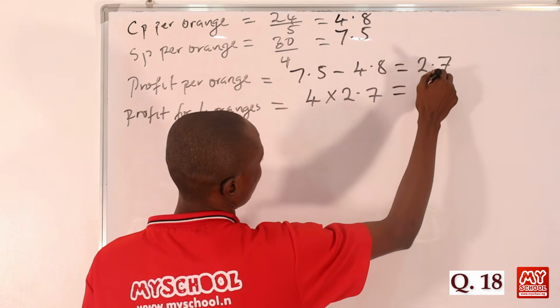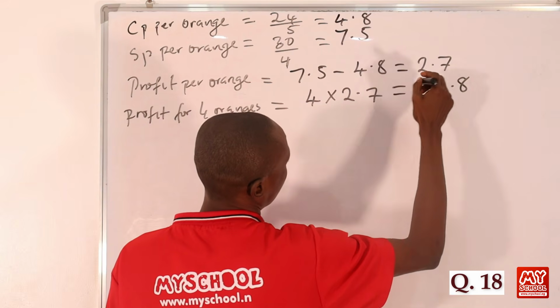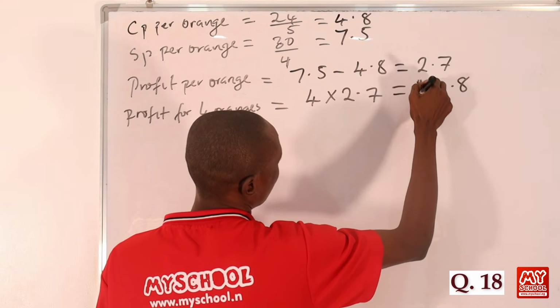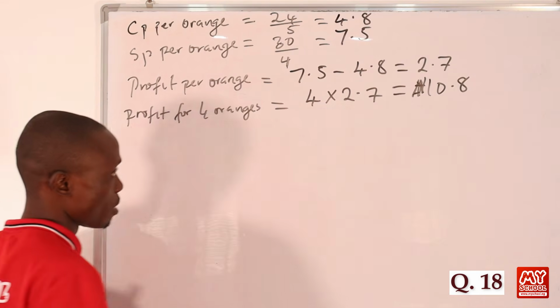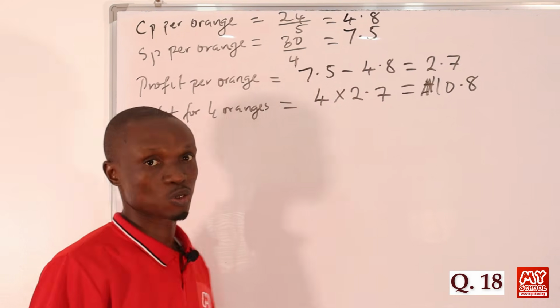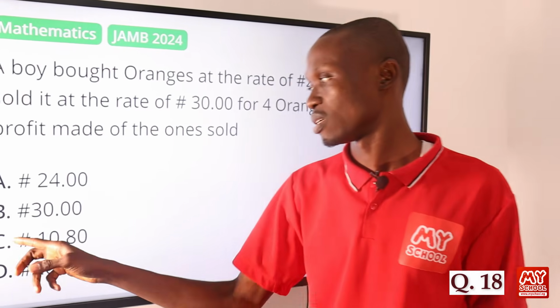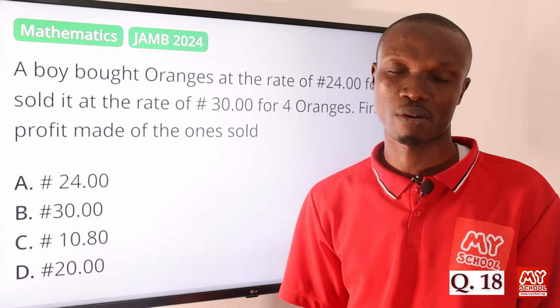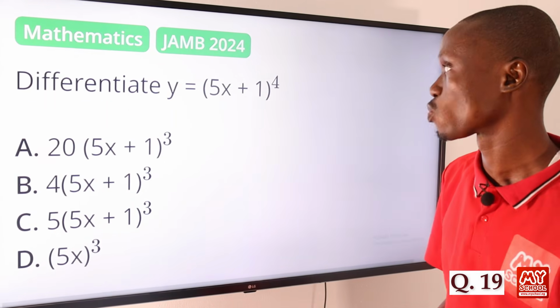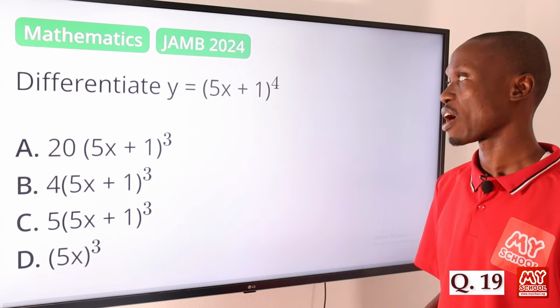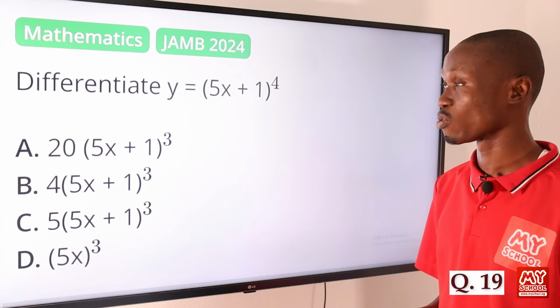So this will be equals to 10.8, okay? So in naira, that will be 10.8 naira. So let's return back to the screen to pick the correct answer to this question, and that is option C, 10.80 naira. Question 19. Differentiate y is equals to (5x plus 1) in bracket raised to power 4.